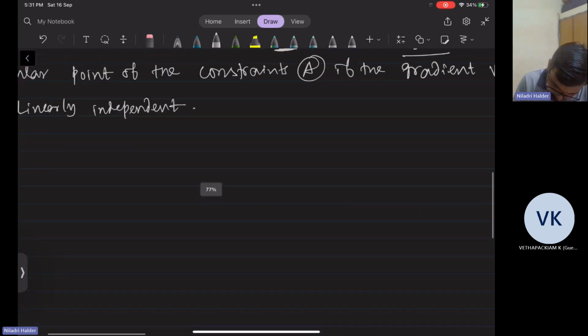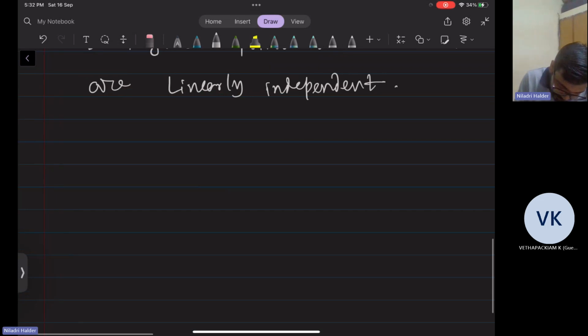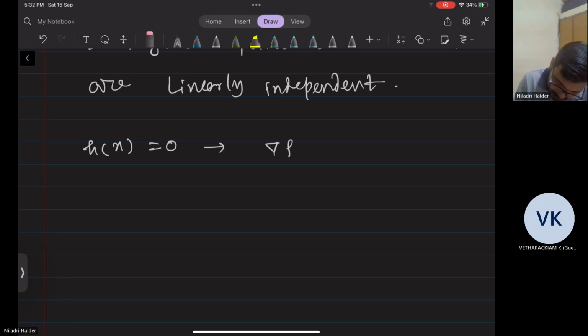So that means I can say again here, suppose earlier we have h of x equal to 0, so x star. For that case, we need to find out the gradient of h at a certain point x star.